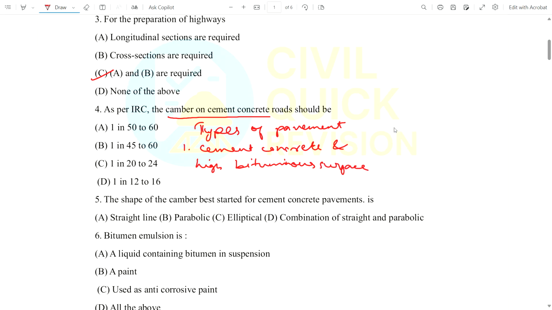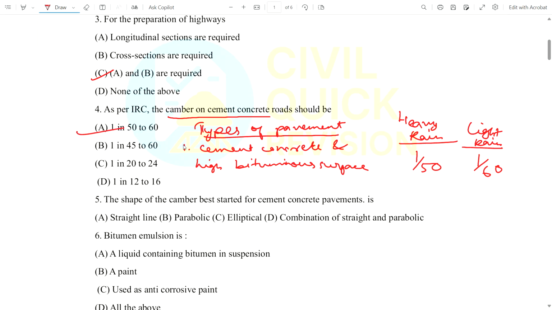In heavy rain or in light rain, what is their slope? For cement concrete and high bituminous surface, heavy rain has 1 in 50, and light rain has 1 in 60. Here you can see this question asks the camber on cement concrete should be what? 1 in 50 to 60. Option A will be the correct answer.